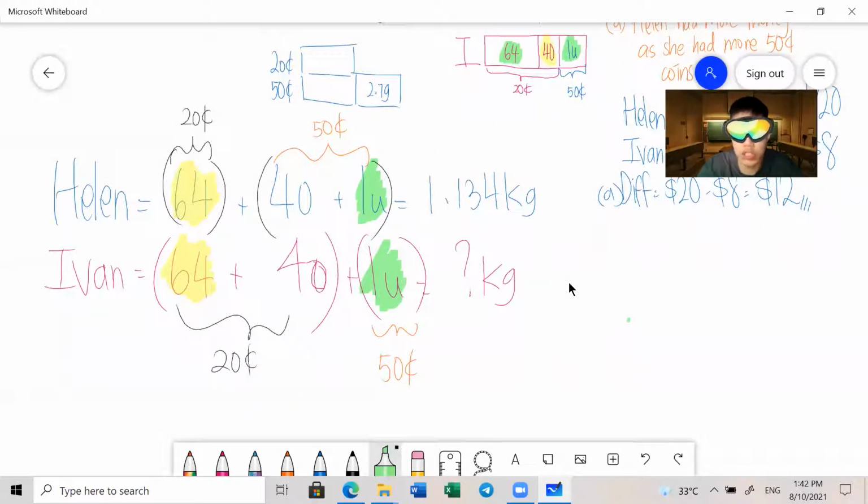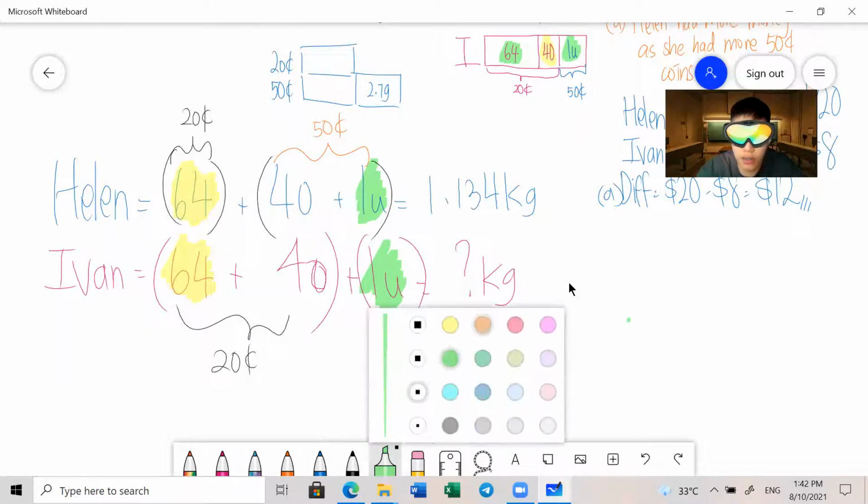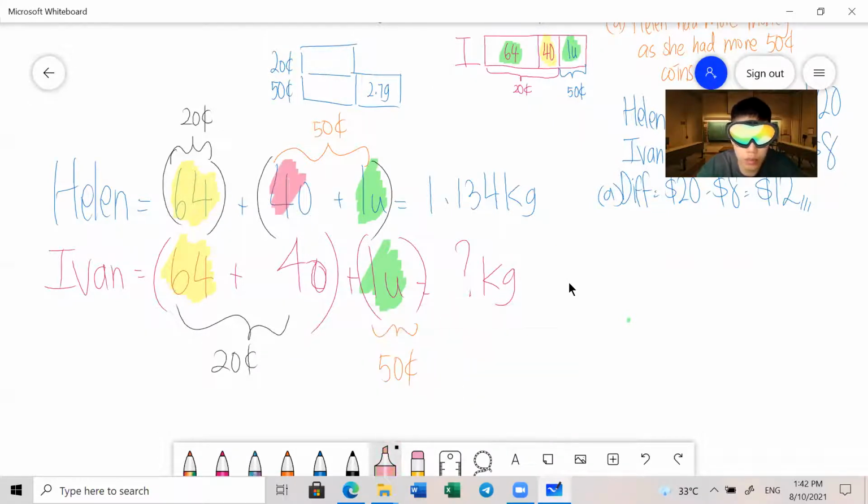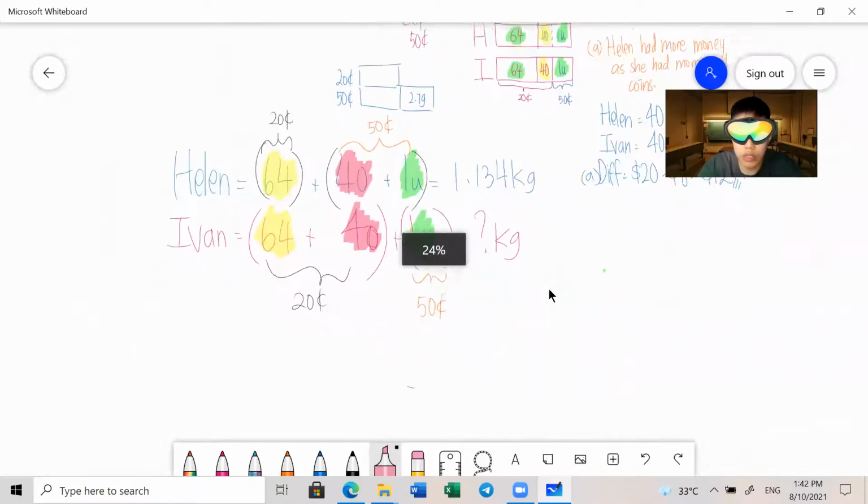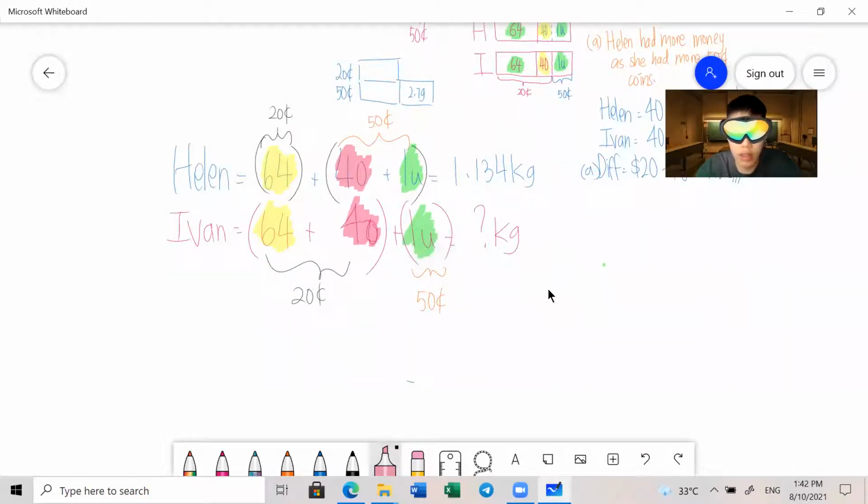The only difference here is the 40 50-cent coins from Helen and the 40 20-cent coins from Ivan. So you want to just focus on the one that I've highlighted in red.